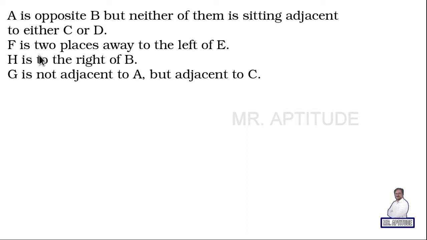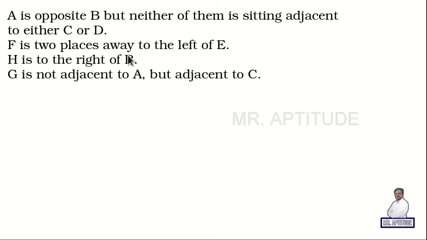Now let me explain the second condition. F is 2 places away to the left of E. Many of the students usually get confused with these kinds of conditions.